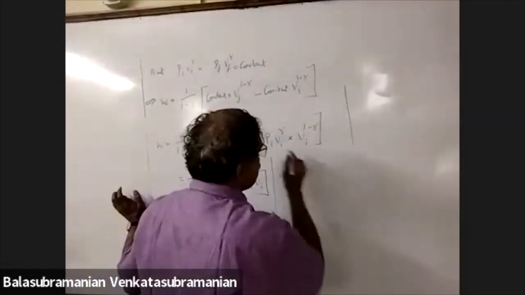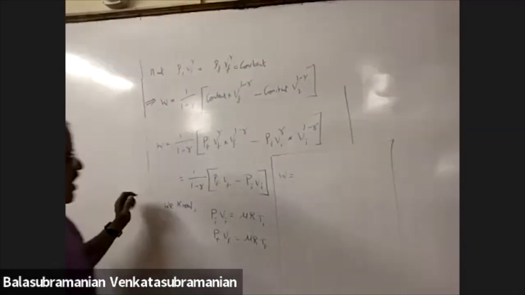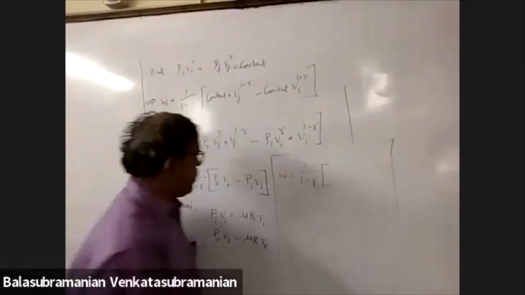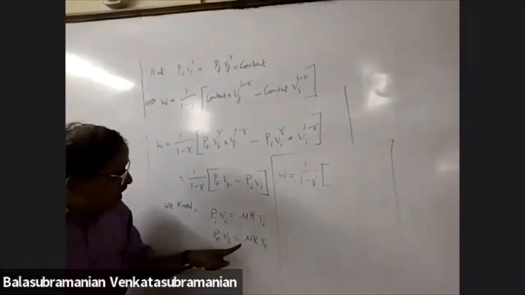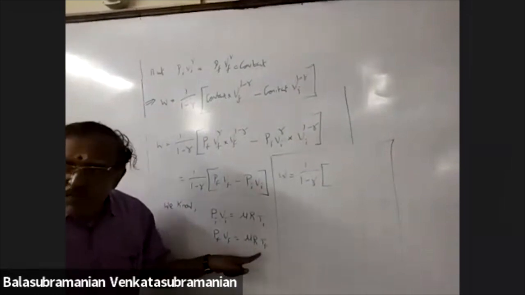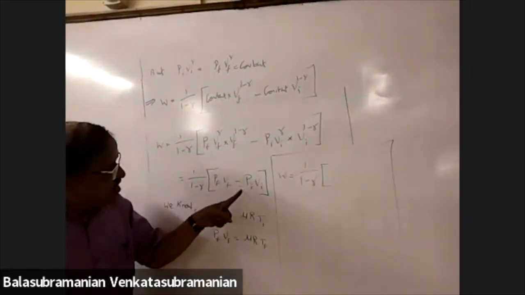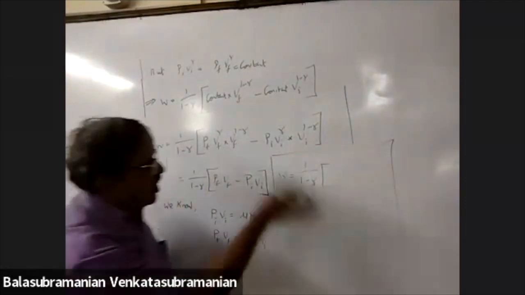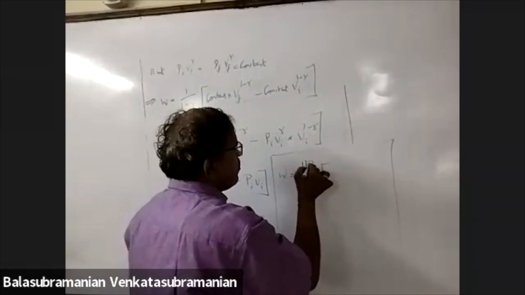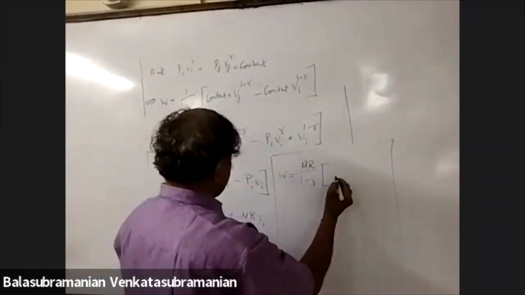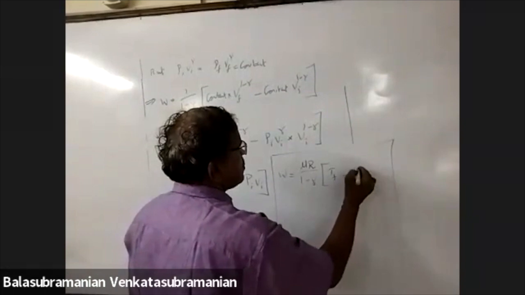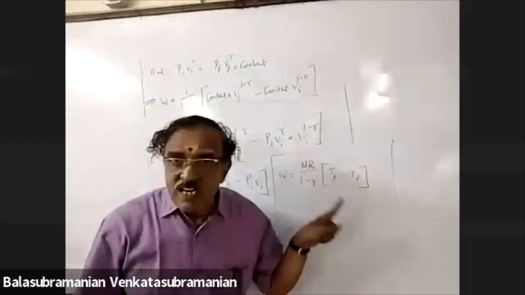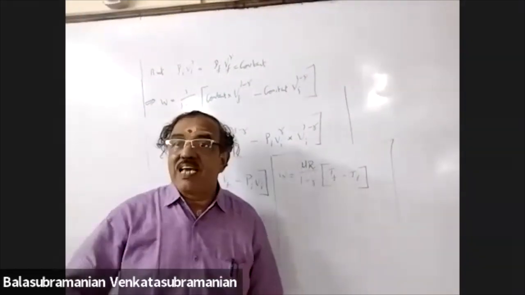W is equal to 1 by 1 minus gamma, Pf Vf, what I can write? mu R Tf, minus Pi Vi, what we can write? mu R Ti. Mu R take it out. This is work done by adiabatic process expansion.